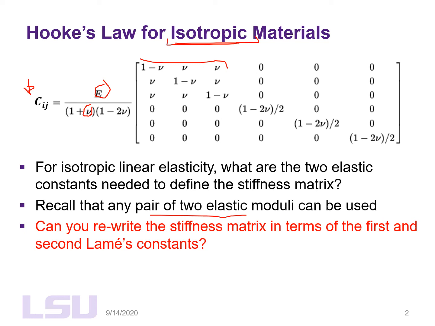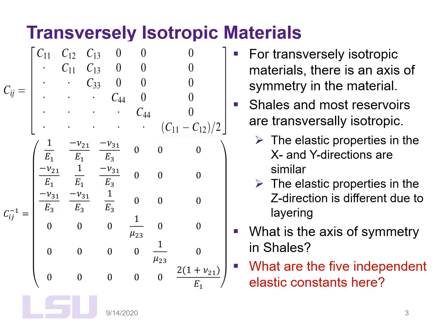The first and second Lamé's constants are lambda and mu respectively. So mu is actually the same as G, which is the shear modulus. And we'll talk about those in the Zoom meeting.